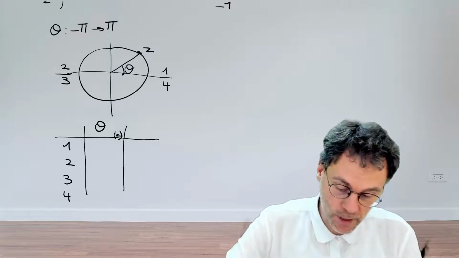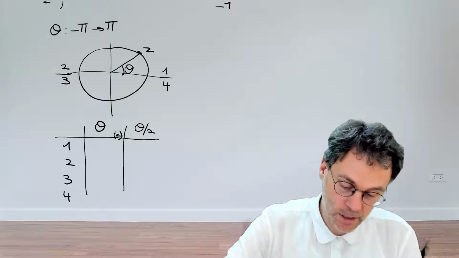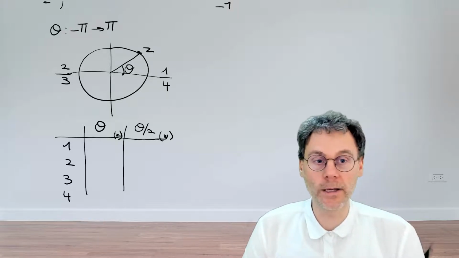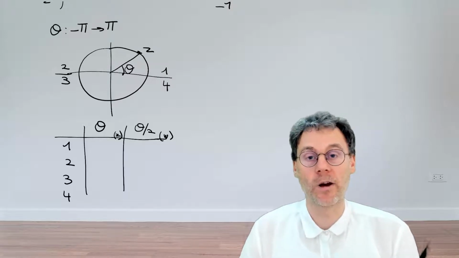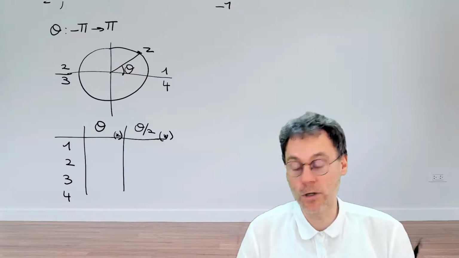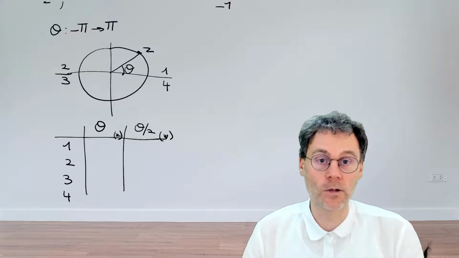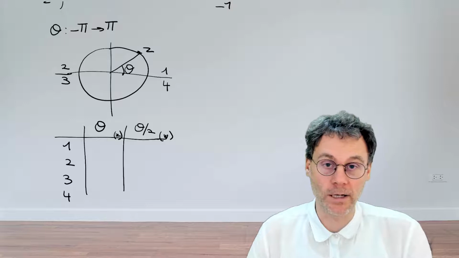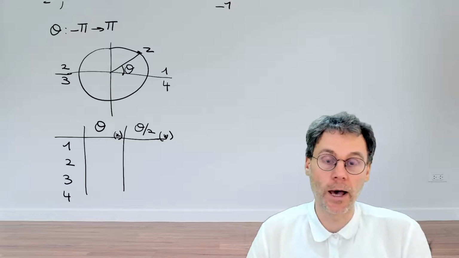And then to calculate the square root, we will calculate theta divided by 2. So this is something that will give us a location in the w-plane. And then based on that, try and verify that indeed you have the real part of w being positive, and that you also have the traditional choice of branch cut, namely the negative real axis. So just pause the video and work on this for a while.